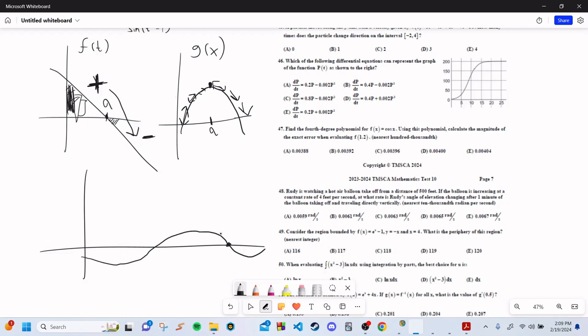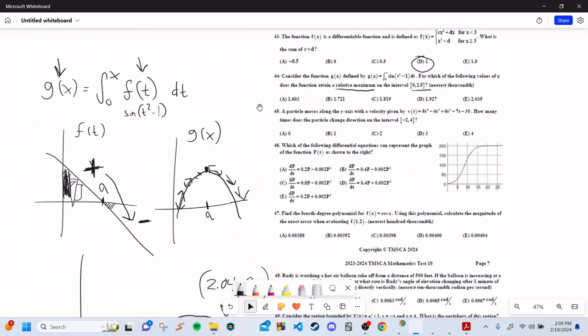If you isolate that point on your graphs page, using menu 6.1, you get that this point is 2.04, comma 0. And so that is the exact point where g of x will experience a relative maximum. And so the answer choice that's closest is answer choice E.